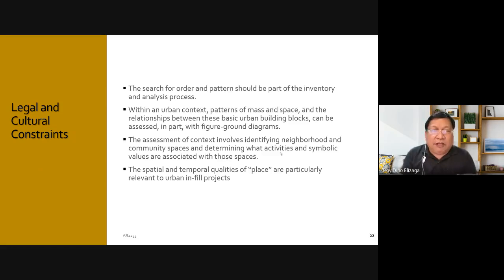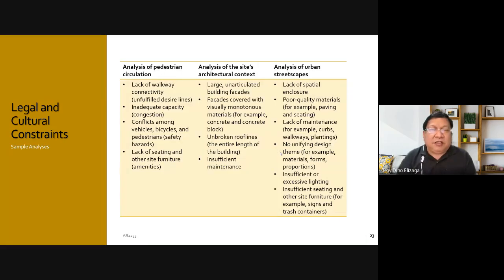People already have a way of life. And so you, being the only insert there in the gap, have to consider all of this information.